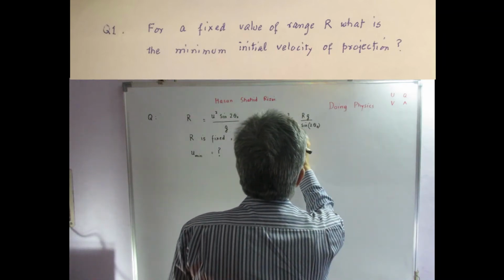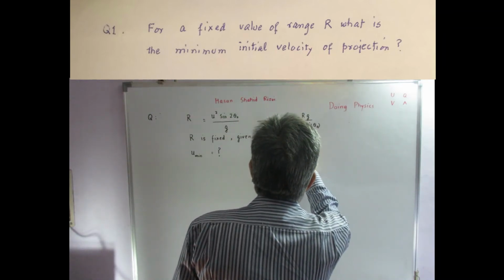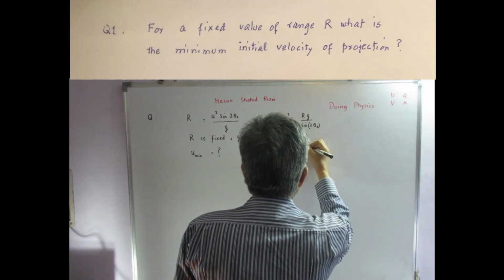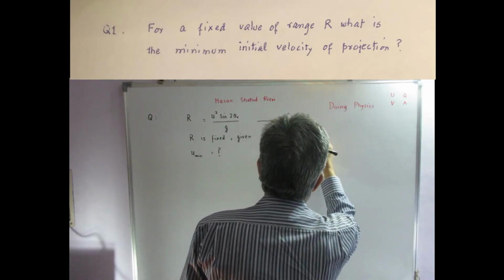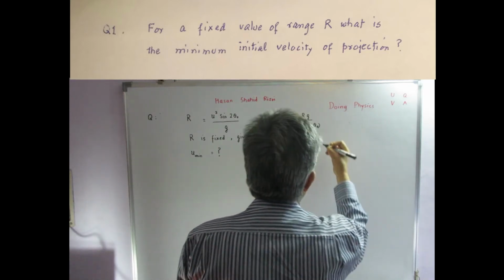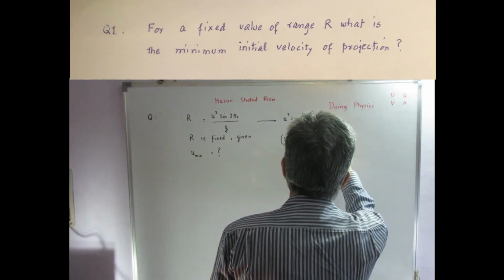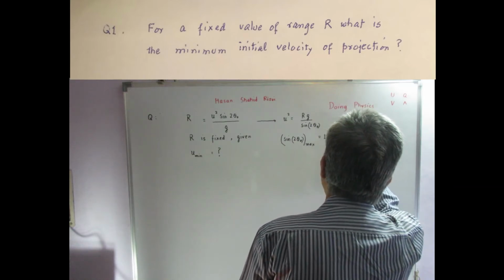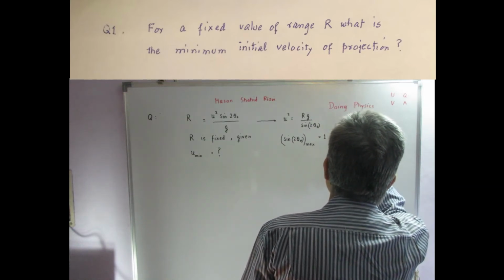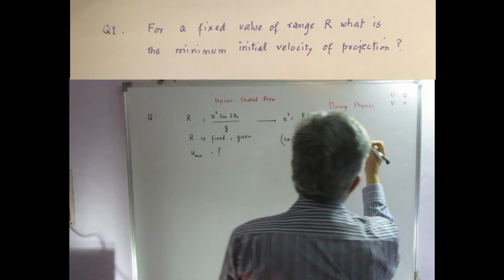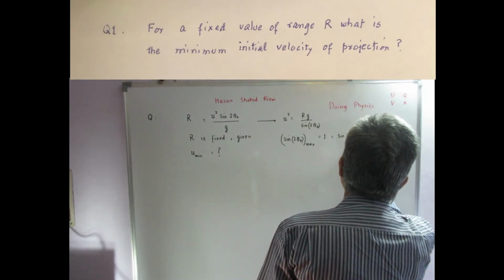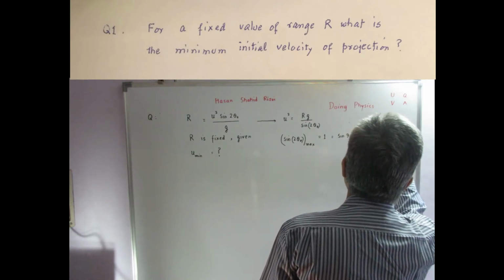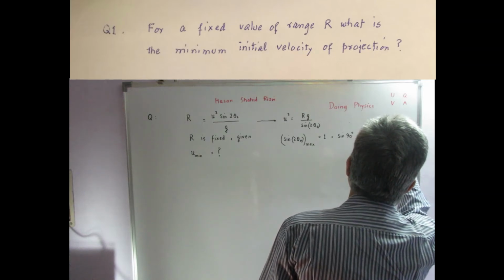That means the maximum value of sine of 2 theta 0, all of us know by now, is equal to 1, which gives sine of 90 degrees. So this gives us that theta naught is equal to 45 degrees.